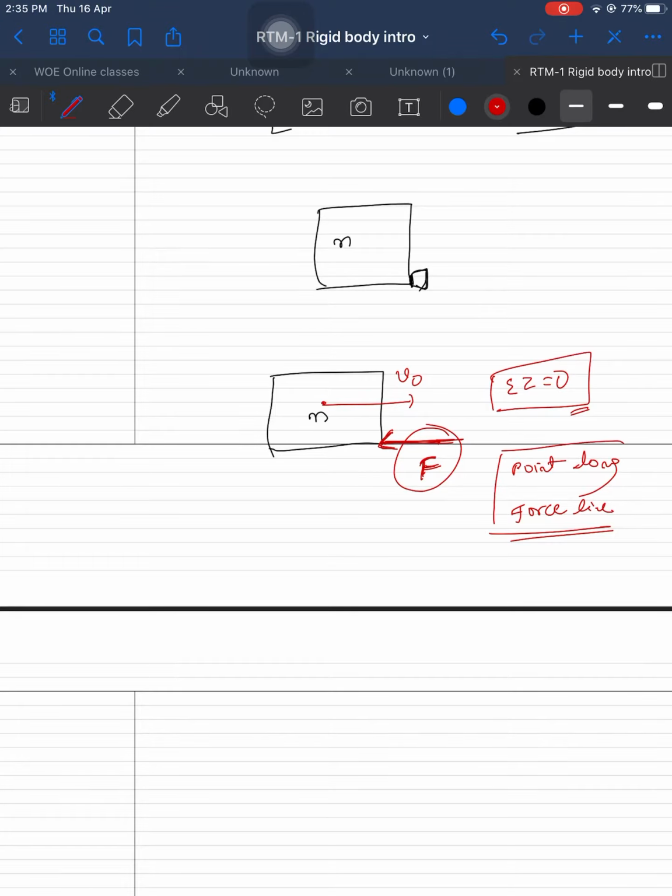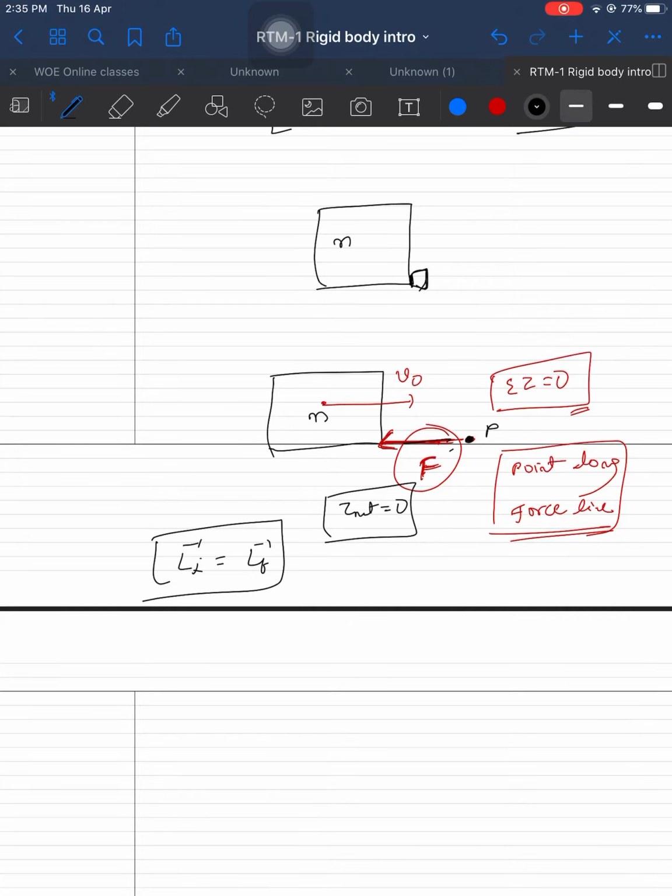If net torque is 0, I can consider the momentum. So I am considering a point P along the line of force. About this point P, the net torque is equal to 0. If net torque is equal to 0, initial angular momentum is equal to final angular momentum.